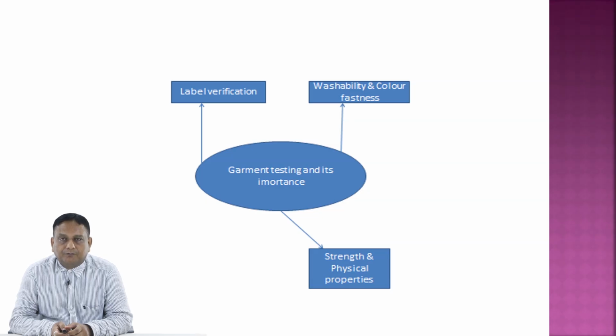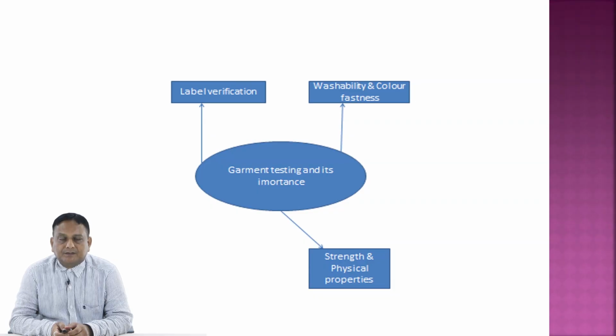Now the summary of today's lesson 1 is that it was an introductory lesson, and we have discussed garment testing and its importance. In this we started with the label verification, which is very important for a garment. Then comes the washability, then the colorfastness test, and different types of colorfastness tests we have discussed also, and finally we have discussed the strength properties, durability properties, and other physical parameters of testing.